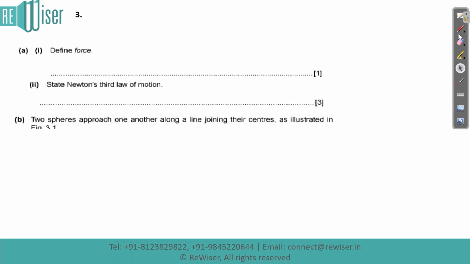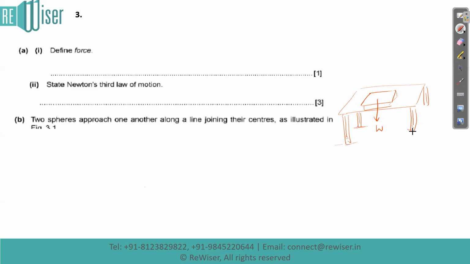Now, Newton's third law is very famous. It is every action has equal and opposite reaction. For example, if there is a book on a table, the book is in contact with the table, so it will be applying a weight on the surface of the table, which force will travel through the legs of the table to the ground.